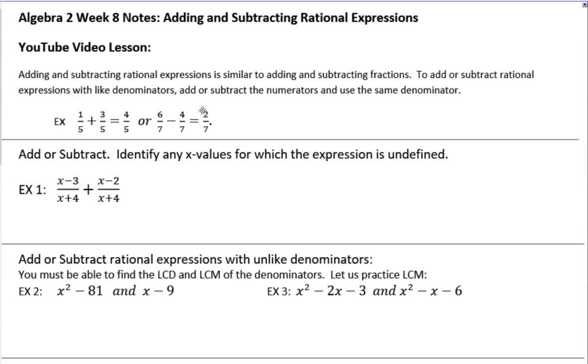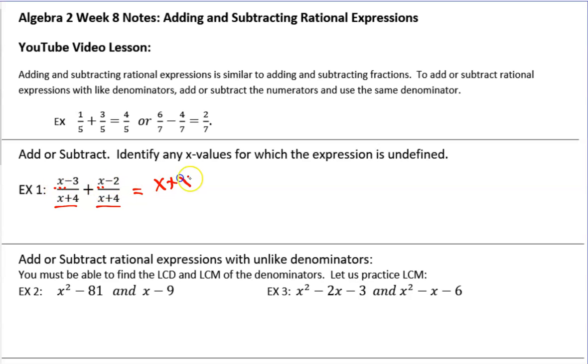Same thing when we have rational expressions. That's what this is here. Notice we have variables. These numerators and denominators are made up of binomials. If I look at my denominators, x plus 4, they're already the same. Because they're already the same, I can just add like terms on the top.